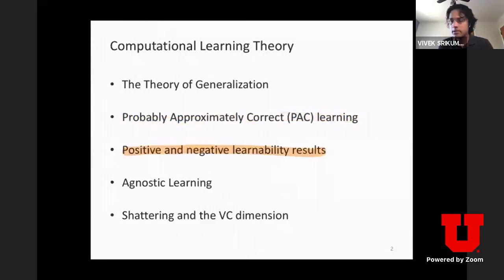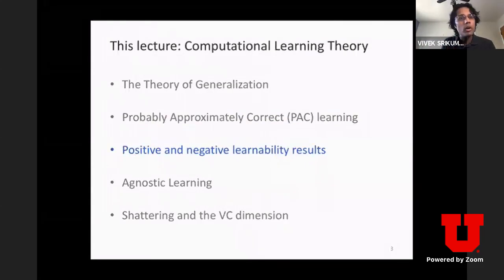In the last lecture, we looked at the definition of PAC learning, and we looked at one theorem that we called Occam's razor. That said, if you have this many examples, then with high probability we can find a classifier that achieves low error.